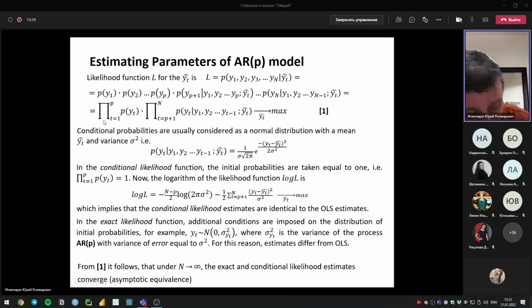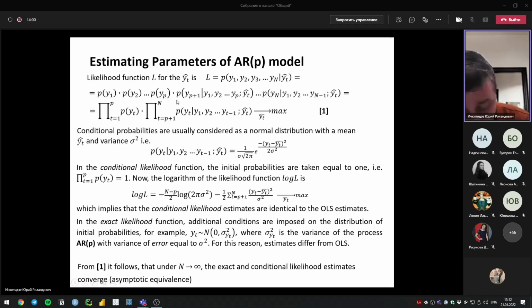And this probability, by definition, we consider as the probability of the initial values y1, y2, ..., yp occurring, the initial values for which we still cannot build an autoregressive model because we have no prehistory.